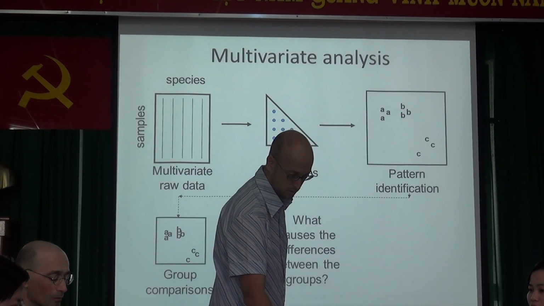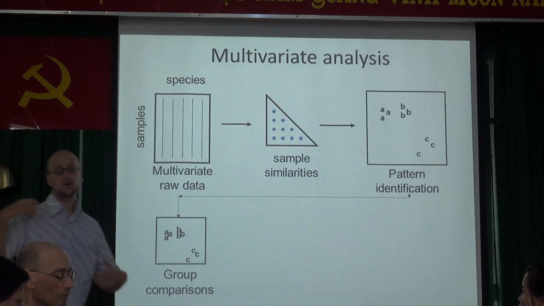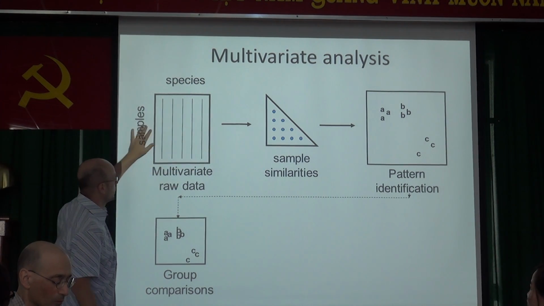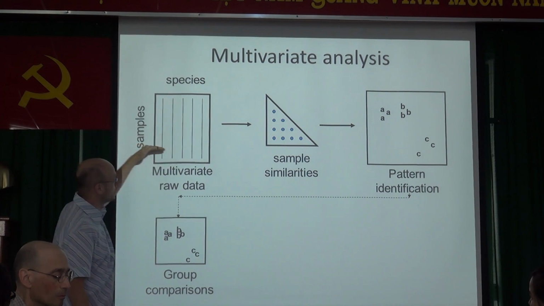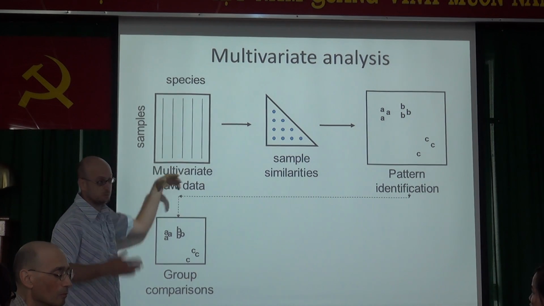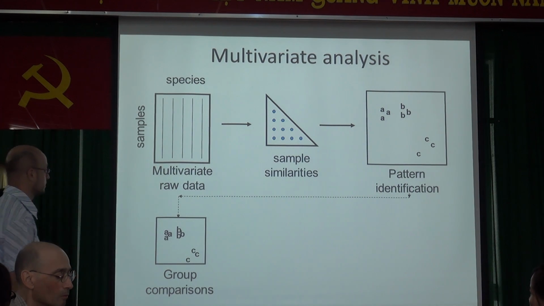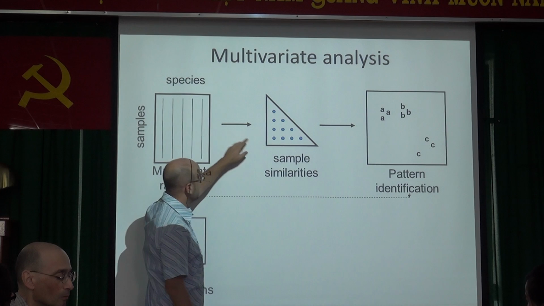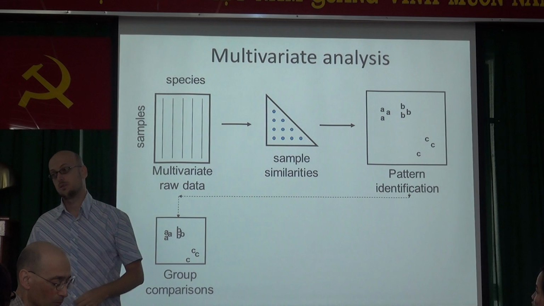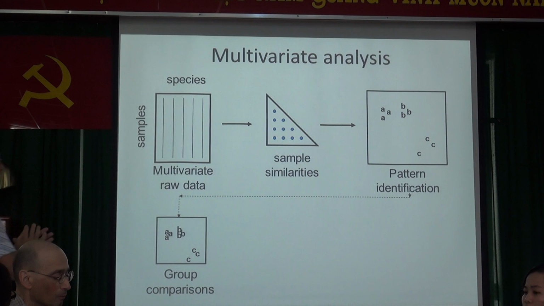So, just a quick reminder of the way that we did so far. We started with the data where each row was a sample and each column was a species or a variable or something that we tested. And we turned that into the similarities, the magic Bray-Curtis number between each pair of plots.